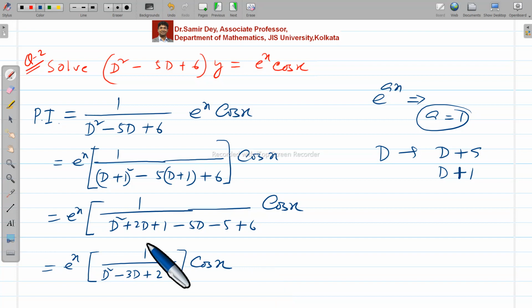Please check. D square minus 2d minus 1, from here it is coming minus 6 plus 7 minus, it is 2 and 2d minus, yes, absolutely correct. So now you have only one cosine function. Already you know how to solve it. Is it clear to all of you?